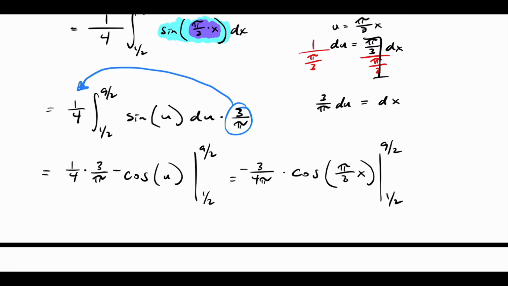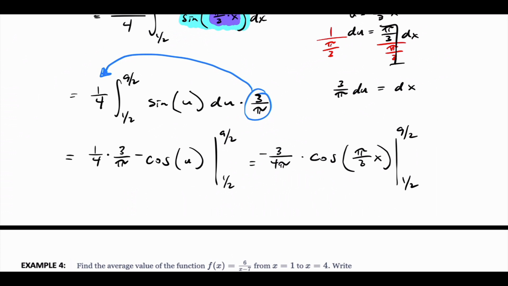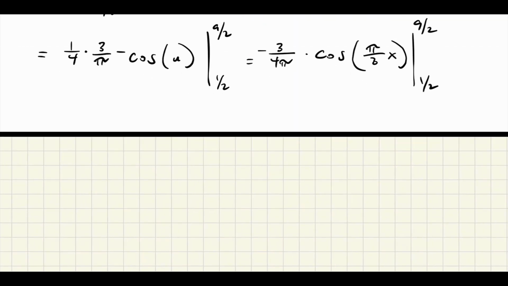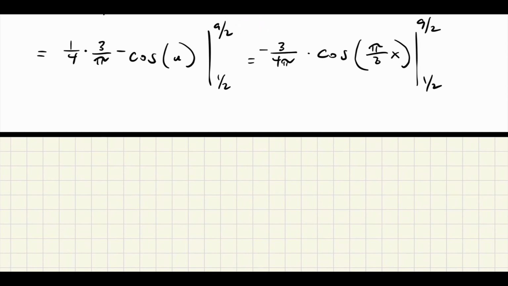The bounds are 1 over 2 and 9 over 2. Last step, plug in 9 over 2 everywhere you see an x. Plug in 1/2 everywhere you see an x. Reduce it. Evaluate it. And you're done. So let's see. Let's plug in 9 over 2.